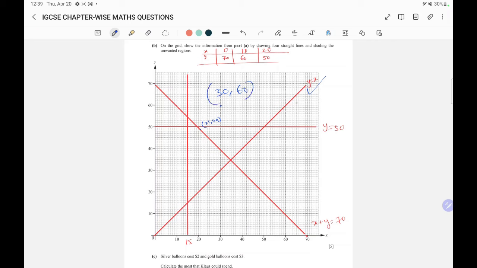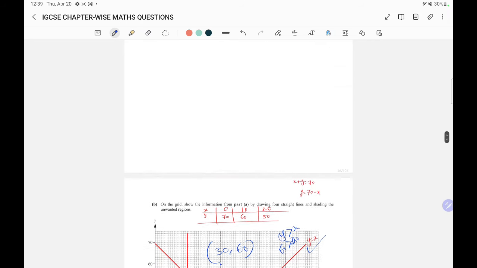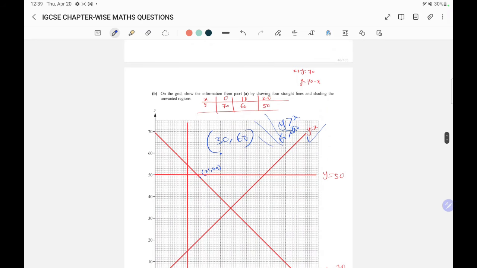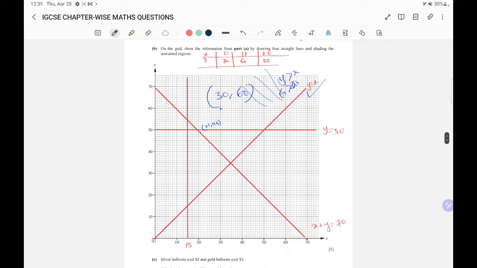Can you put it in this region, Y greater than X? If you put 60 greater than 30, it's valid, right? So Y greater than X is this region. But this is the wanted region. We have to shade the unwanted region. So the unwanted region will be down, okay, for this line. This is my unwanted region.